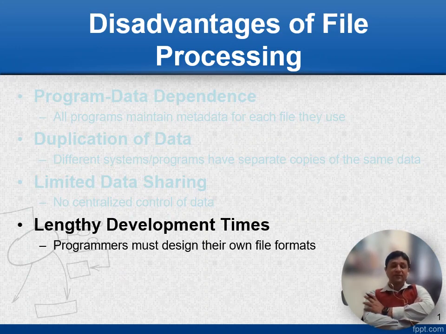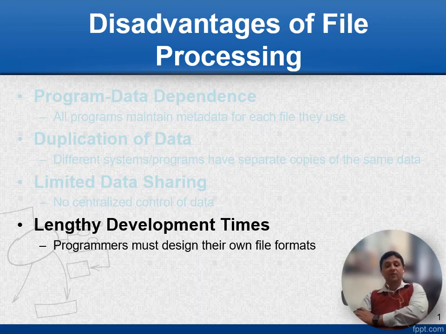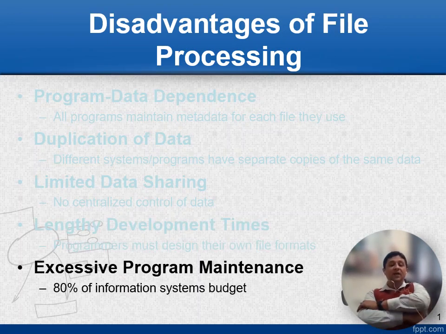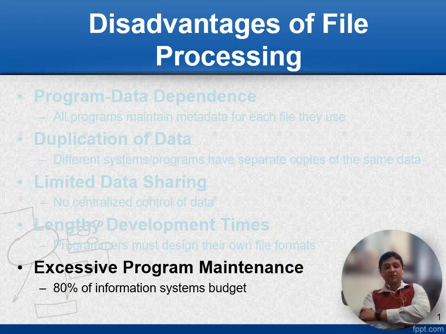It was also their responsibility to define the file formats. Because of that, extra development time was required. And finally, we had to excessively maintain the programs, and normally 80% of the information system development budget was spent on the maintenance of these file processing systems because of the issues that we have just discussed.